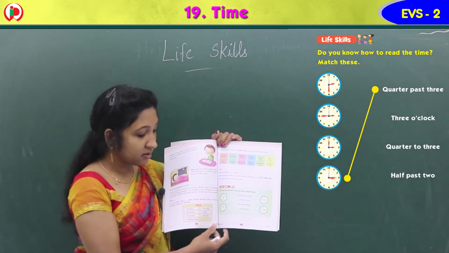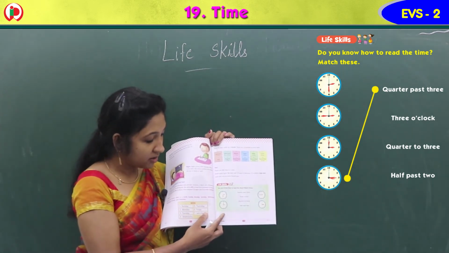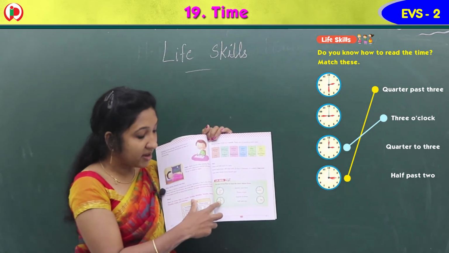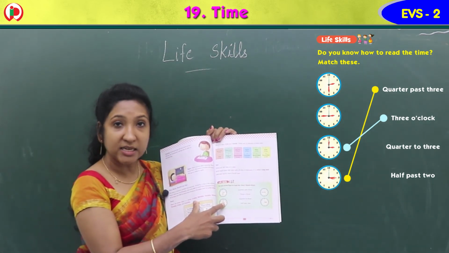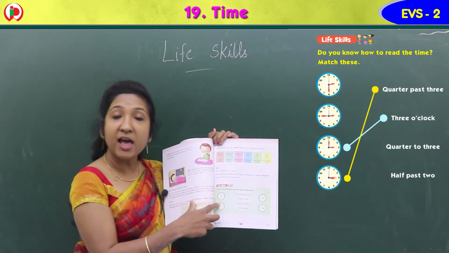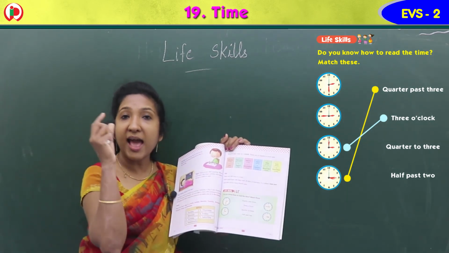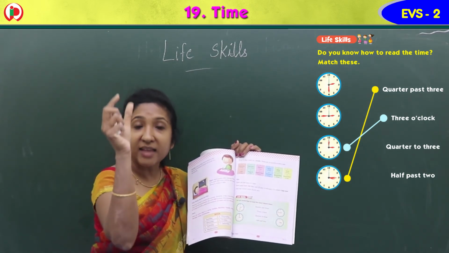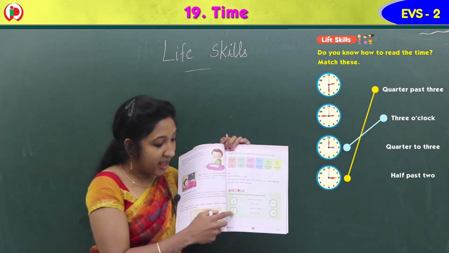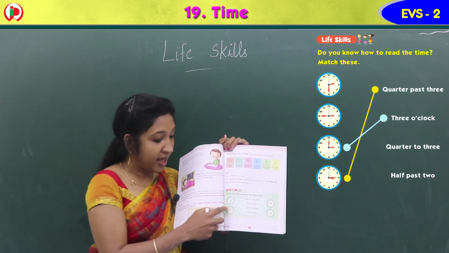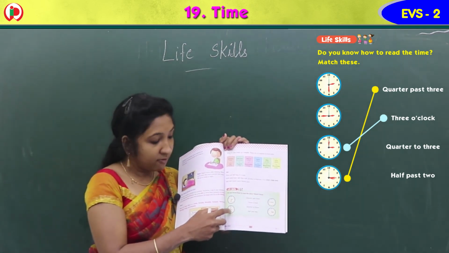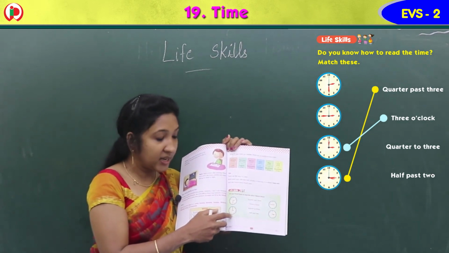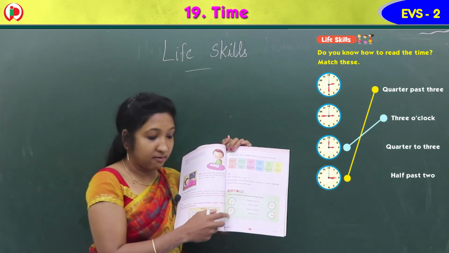Then 3 o'clock. 3 o'clock means where 3 o'clock? Yes, here it is 3 o'clock. We can see the hour hand, the small hand, at 3, and the minute hand, the longer hand, will be at 12. The longer hand at 12 and the hour hand at any number, then you can see that time. 3 o'clock. If the hour hand is at 4 and the longer hand at 12, then 4 o'clock. If the small hand at 5, longer hand 12, 5 o'clock. If small hand at 6, longer hand 12, 6 o'clock.